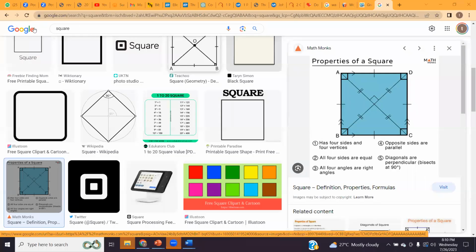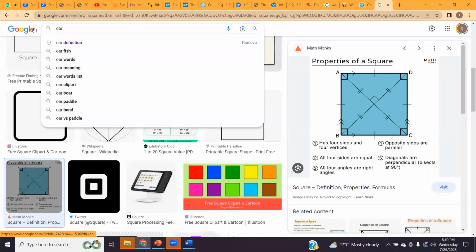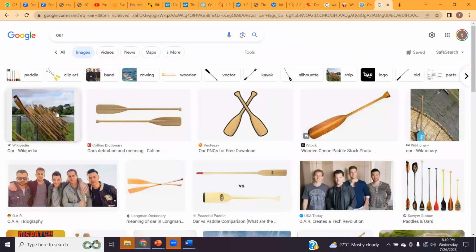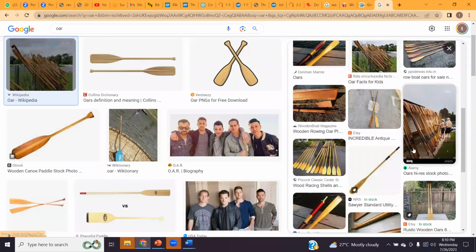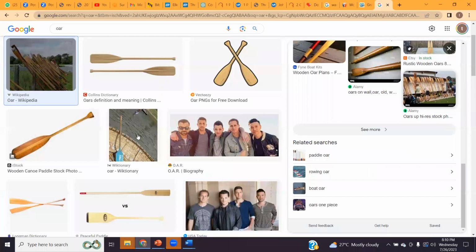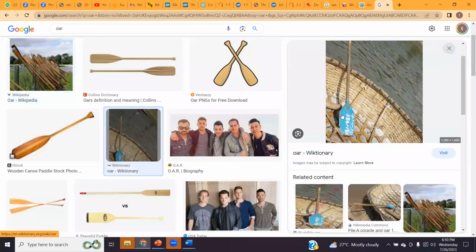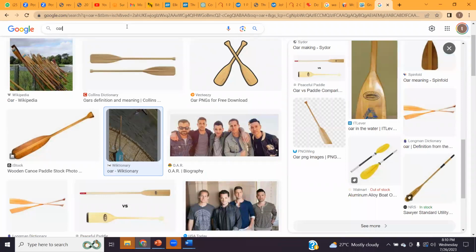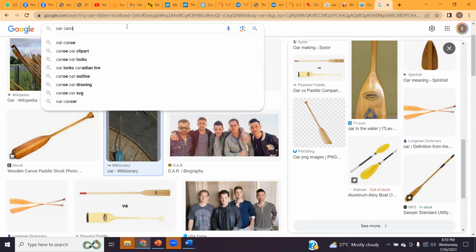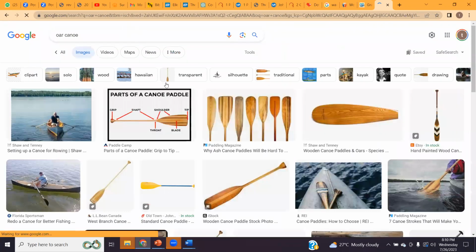So an oar, right? An oar is basically stuff like this, right? That's an oar. If you go canoeing and stuff like that, people who go canoeing and go sailing use oars. Okay, so an oar, canoe. All right.